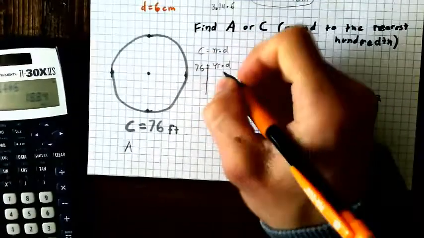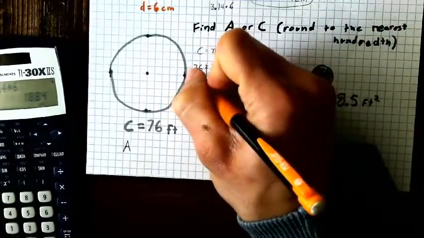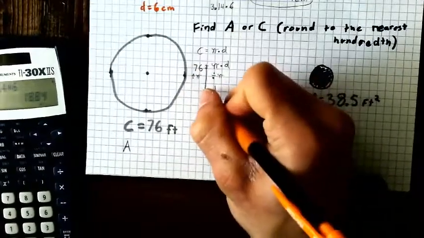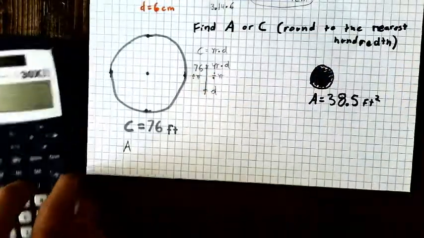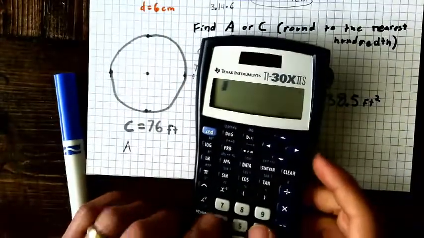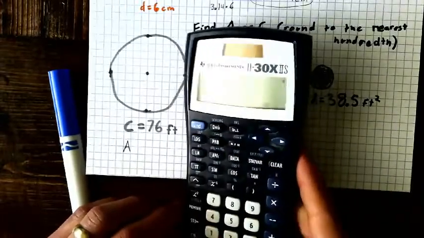To get rid of multiplication, we're going to do division. We're going to divide by pi on both sides. Now that's going to tell me exactly what my diameter is. So I can do 76 divided by 3.14.